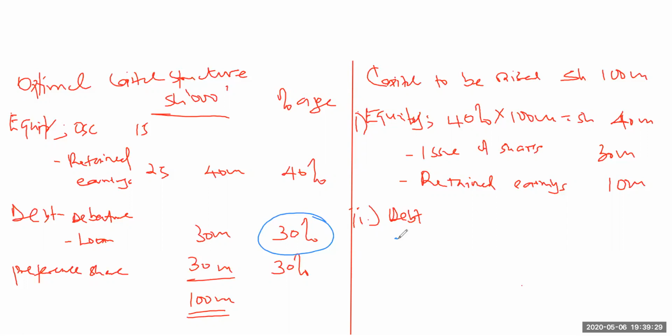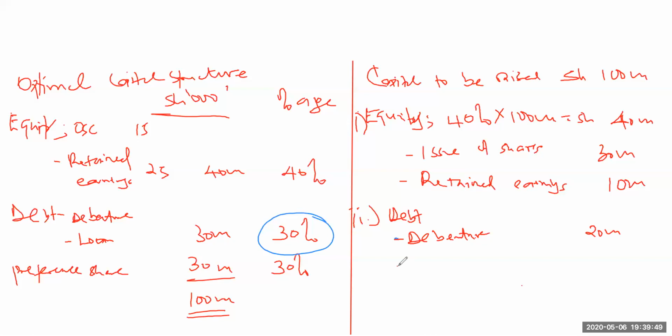So we can begin with debt first. The amount of debt from the debenture will be equal to 20 million. The total amount of debt the company can obtain is 30% of 100 million, to give us 30 million.